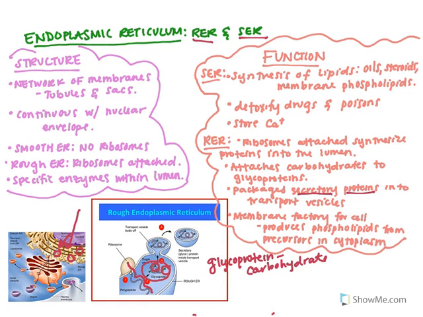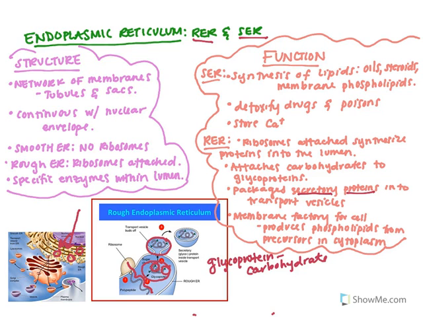The ER buds off. Remember that the cell membrane is made out of lipids, so think about how bubbles can bud off of each other, like a lava lamp, or even like an oil drop. It buds off, and now we have a transport vesicle with the glycoprotein in it.